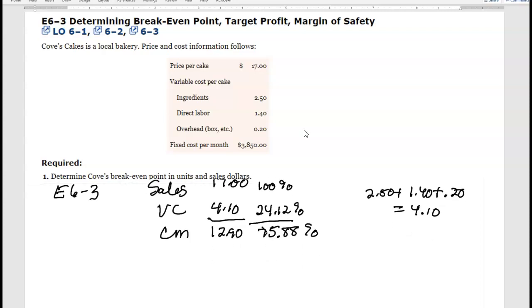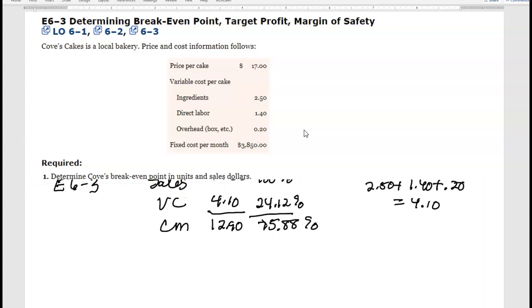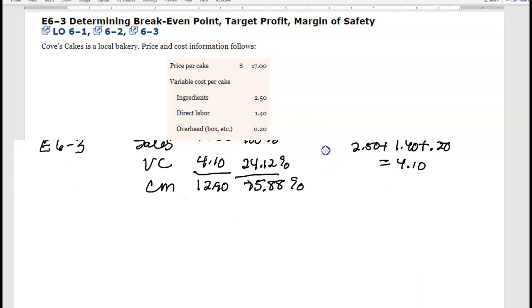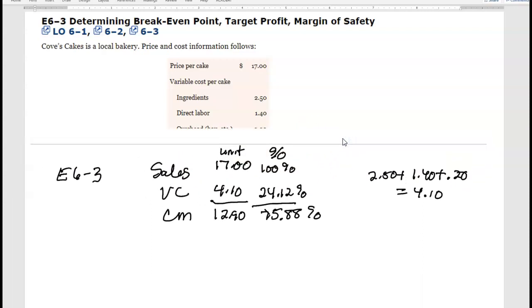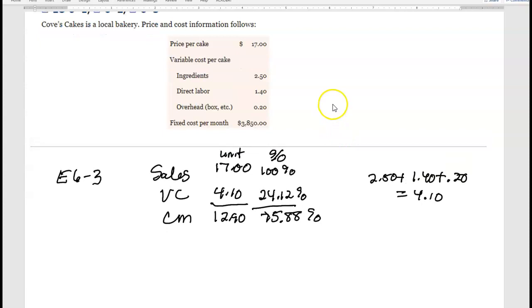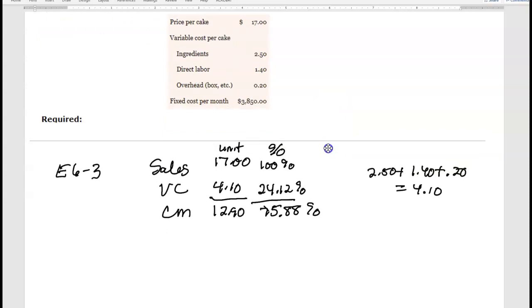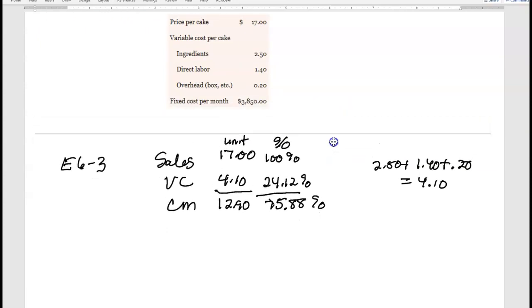Now, break-even point in units and sales dollars. Let me move this up so we can keep this on the screen. Our fixed costs are $38.50.